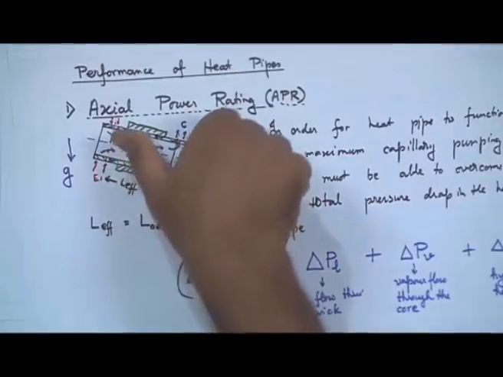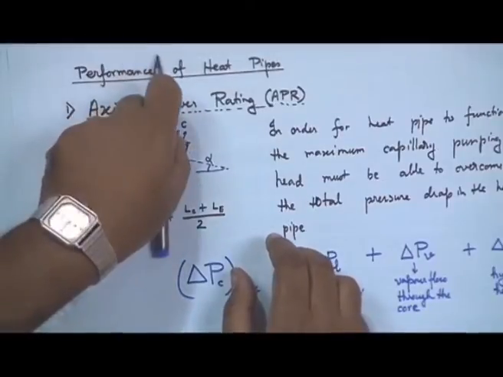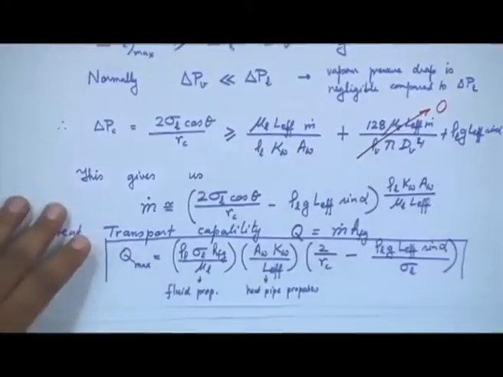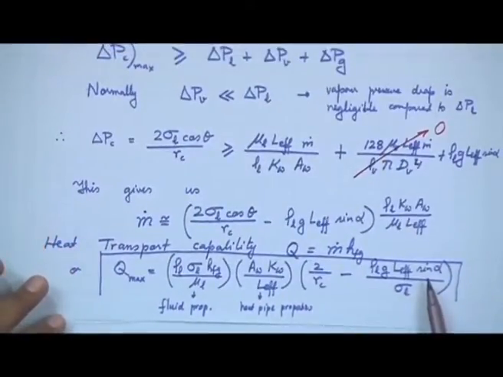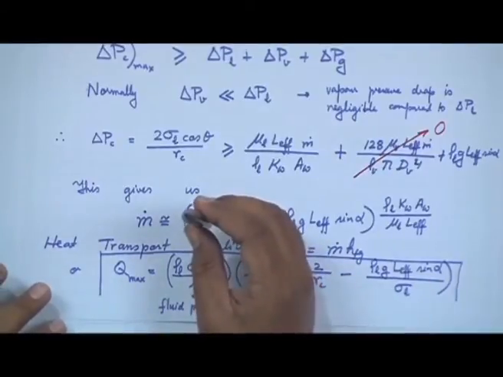You actually have to tilt it like this and make it vertical, and that is when you will get maximum. Clear? So, again recall, this is maximum when sin alpha is minus 1, which means the heat pipe is vertical with evaporator below condenser. And why? Because in that case gravity helps the liquid to come through the wick from vertically downwards.